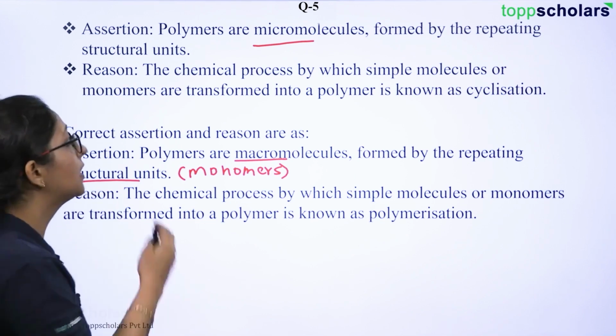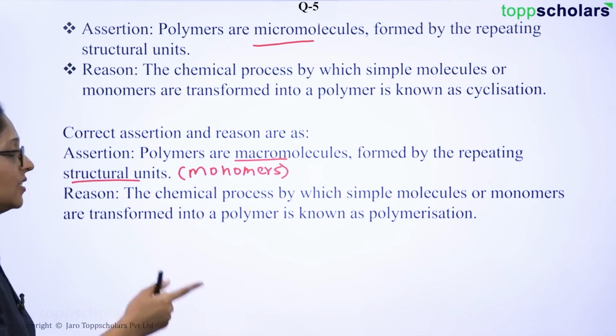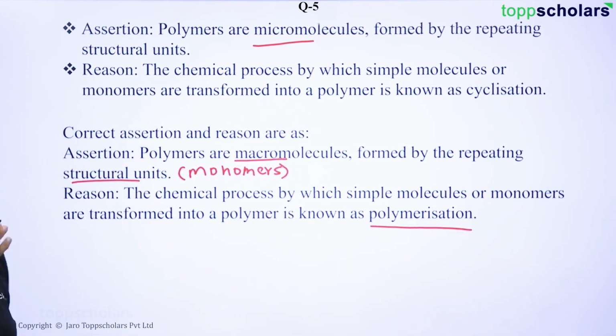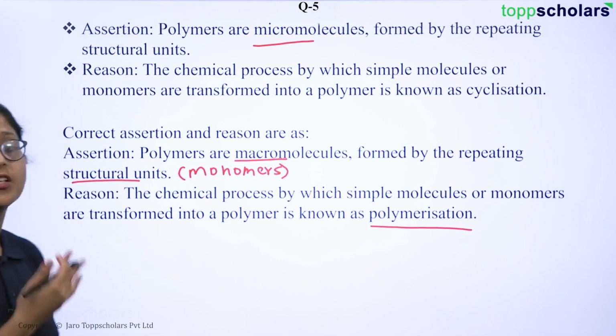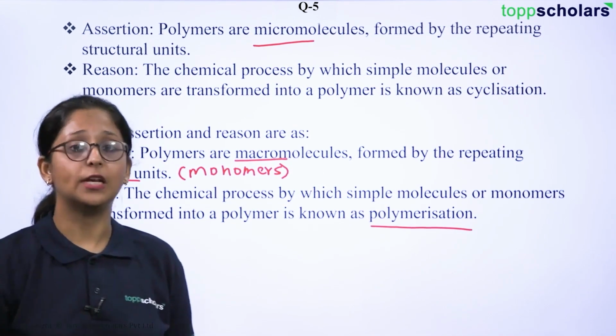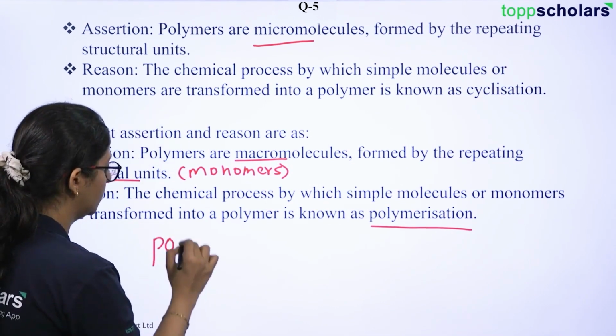The second statement, the chemical process by which it is formed, is not known as cyclisation, it is known as polymerization, because you are adding multiple monomer units and that is transformed into a polymer. So that is an example of polymerization. A basic example we can take is the formation of polythene. Right?